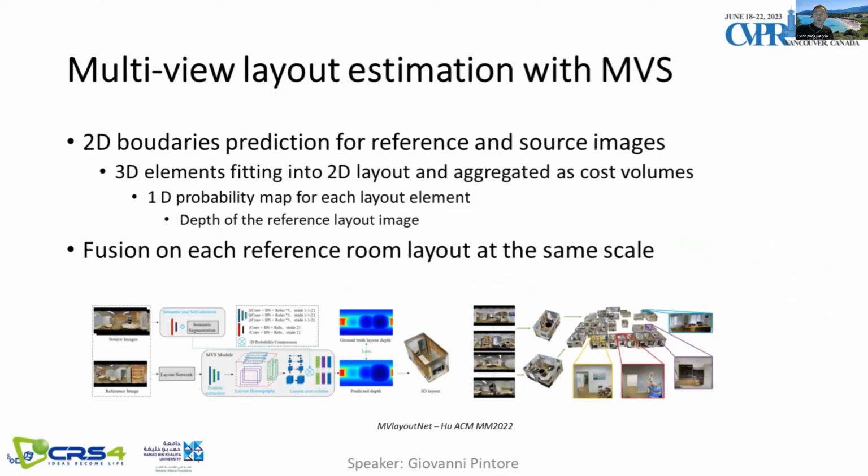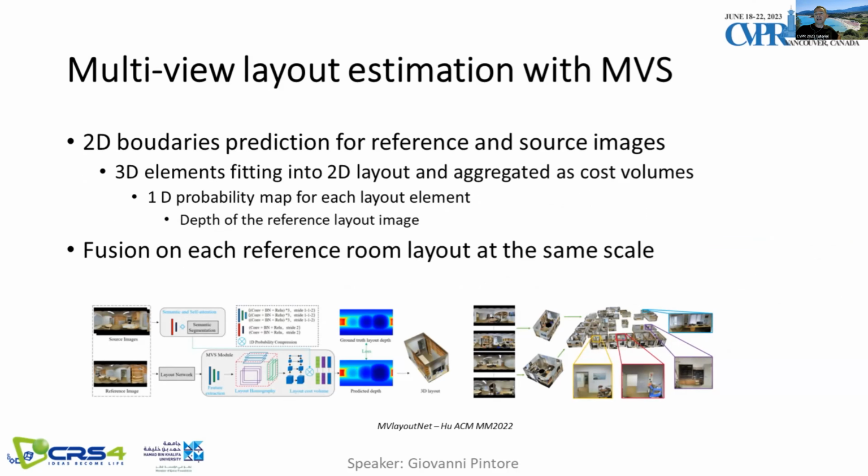Here we have more details. A 2D layout is estimated in image space as boundaries, and classical elements are fitted through a homography, Manhattan World, into 2D layouts to compute a cost volume. So they compute a one-dimensional probability map for each layout element, and then they find the best layout for each room.